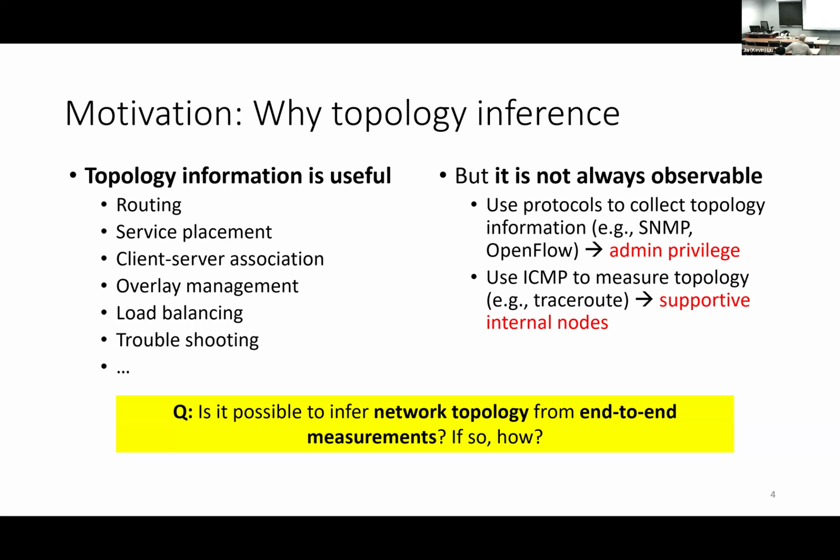But then the internet protocols, like routing, etc., are already hard coded in the system. So even if we were to learn the topology, is there some way in which we can actually use it? The question is, so what? Why do I want to know this information if it's not a controllable network? Exactly.